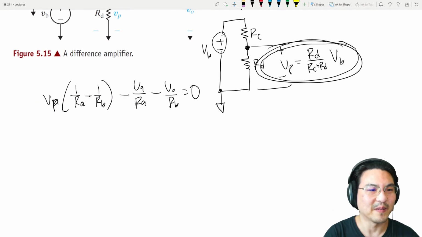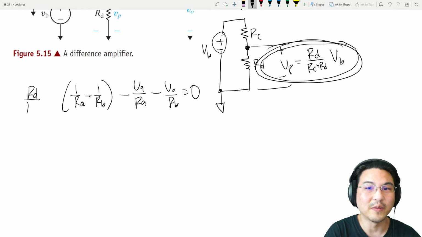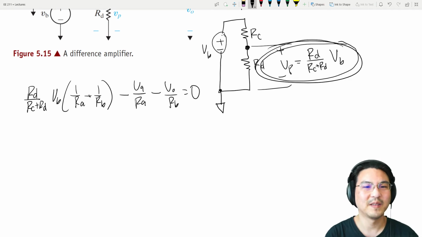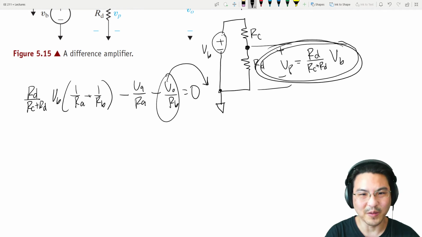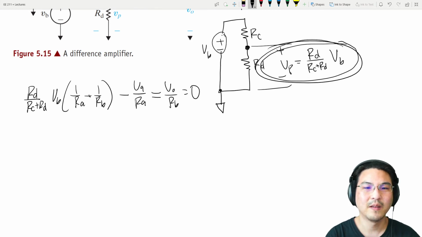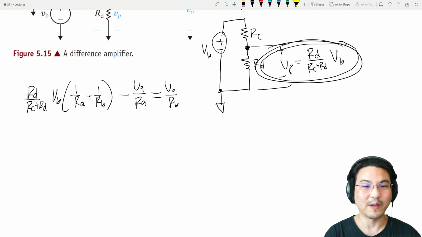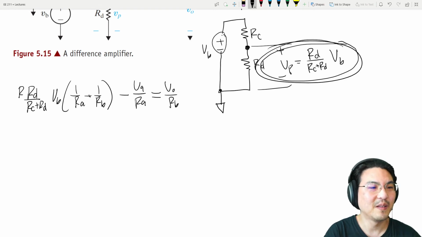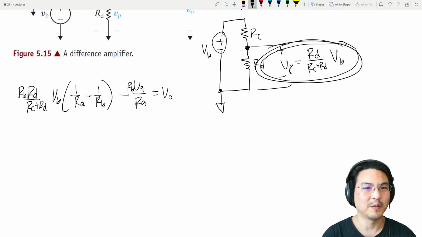Vp is Rd over Rc plus Rd times Vb. Okay, and then we can take this, move it on the other side of the equation, and then multiply everything by Rb, and there you go. This is the output voltage, which is a function of these two inputs, but let's simplify this.